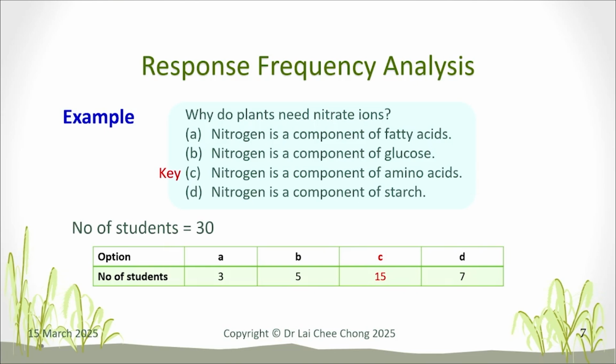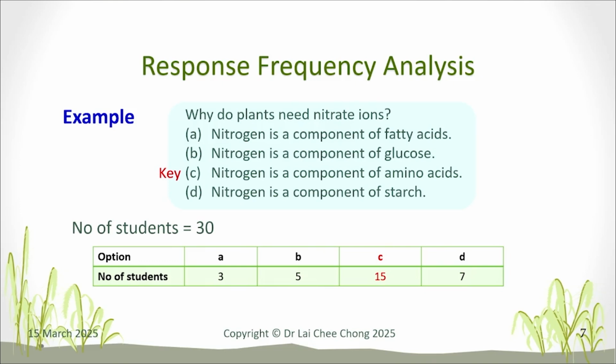Okay, look at this science MCQ here. Why do plants need nitrate ions? Chemistry, or bio rather. It can be chemistry, it can be bio. It all depends on where it comes up from, okay? Because there's something called biochemistry. Now, if you look at it, these are only the four compounds: fatty acids, glucose, amino acids, and starch.